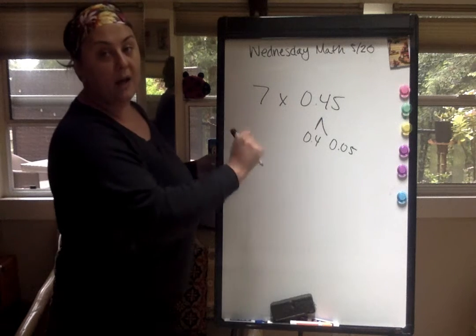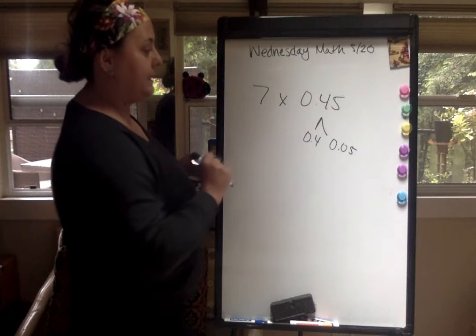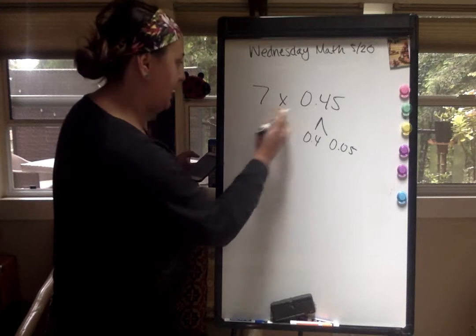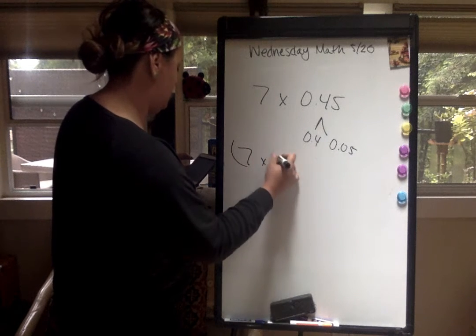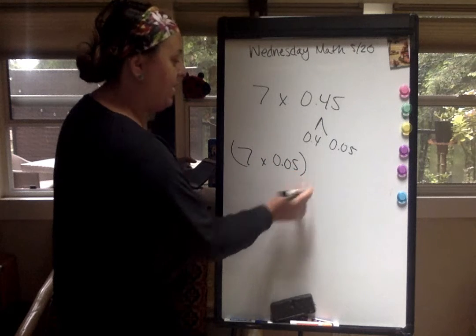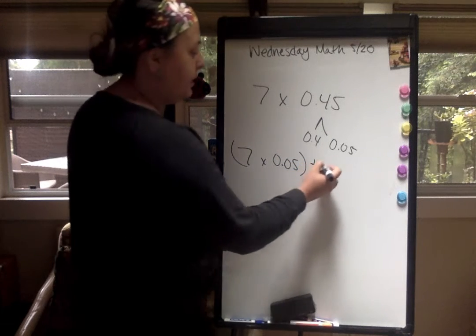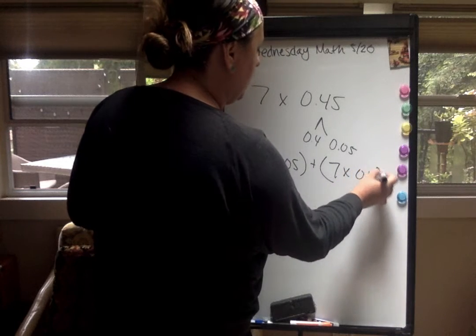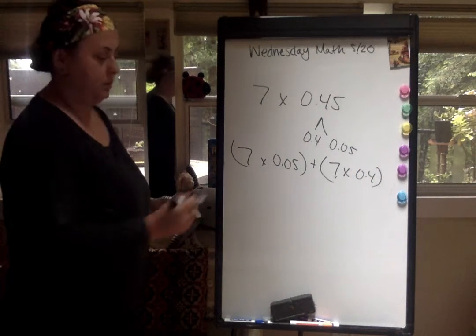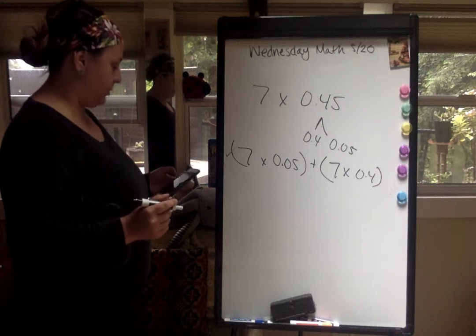Because multiplication is repeated addition, really this is like saying 7 times 5 hundredths plus 7 times 4 tenths, which is the last option on there.